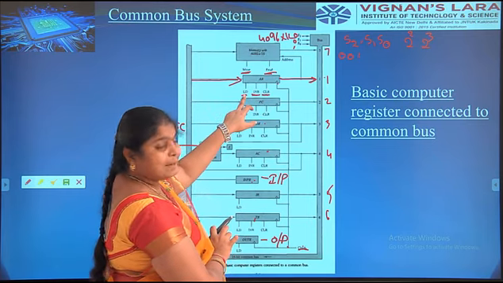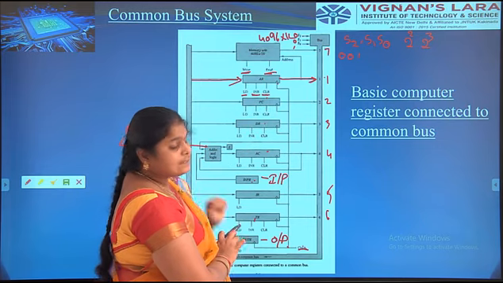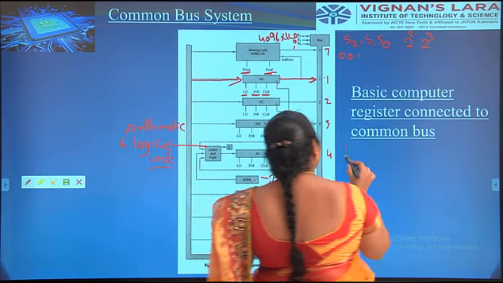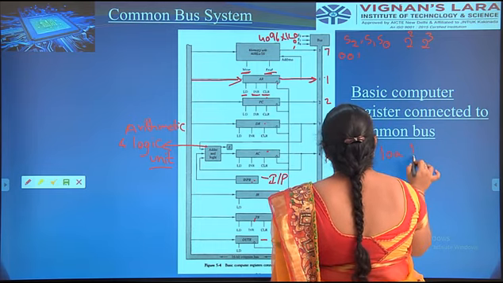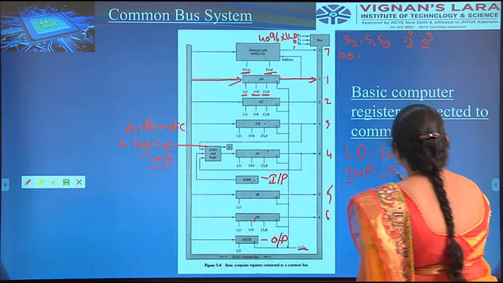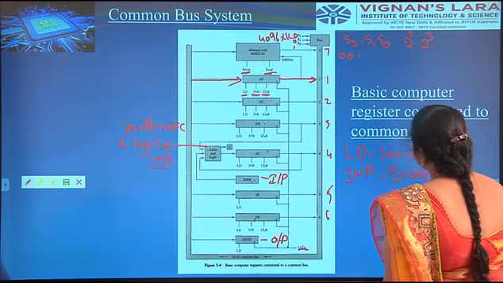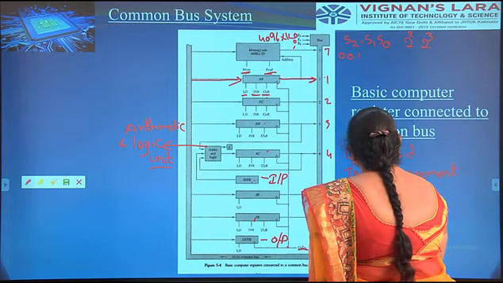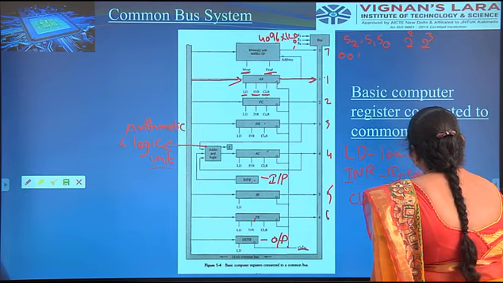LD means load, INR means increment, and CLR means clear.